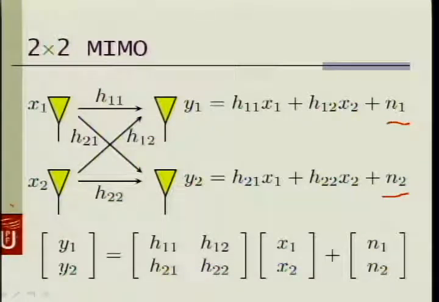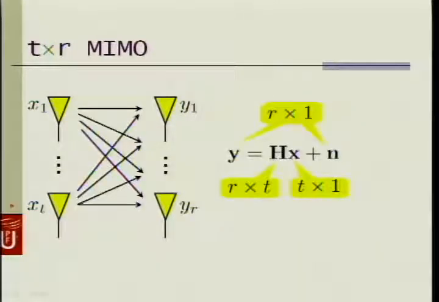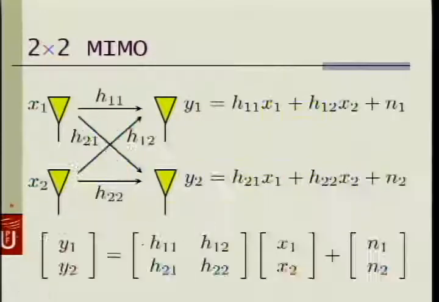Okay, this system can also be written in a matrix form. So we have a vector of a received signal, a matrix representing the fading channel effect, a vector representing the transmitted signal, and a vector representing the noise.